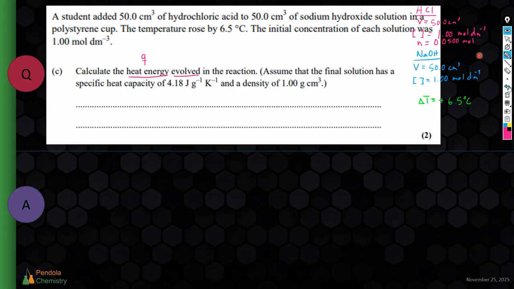The word evolve is telling because evolve means it's released, not absorbed. If it's absorbed, it will be absorbed. But evolve means release, meaning that we know that the reaction is releasing energy, which checks out with what we already know.